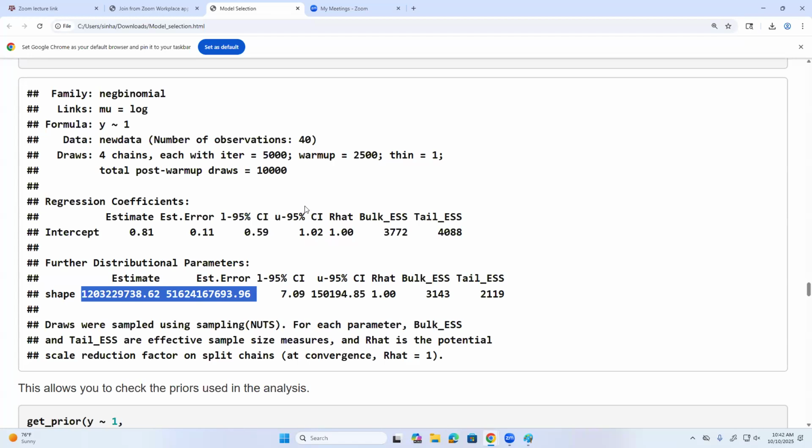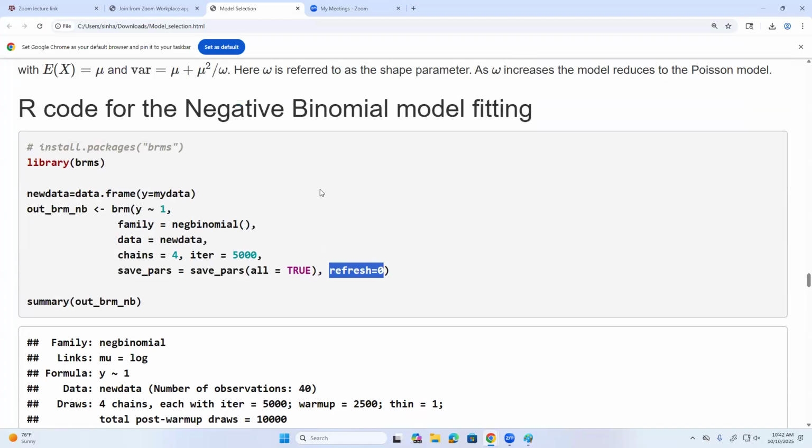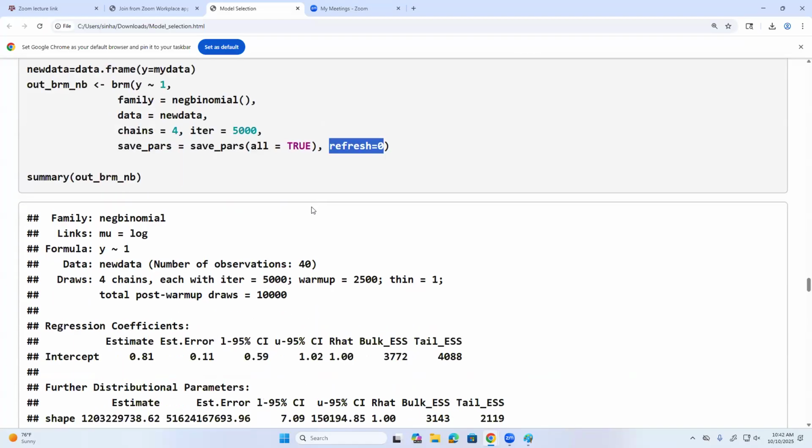But what happened, because I set refresh equal to 0 or something, I did it so that you don't get to see all the warning comments and other things. But if you run the code without suppressing those comments, you'll see comments that there is a convergence issue and something else. And why is this happening?